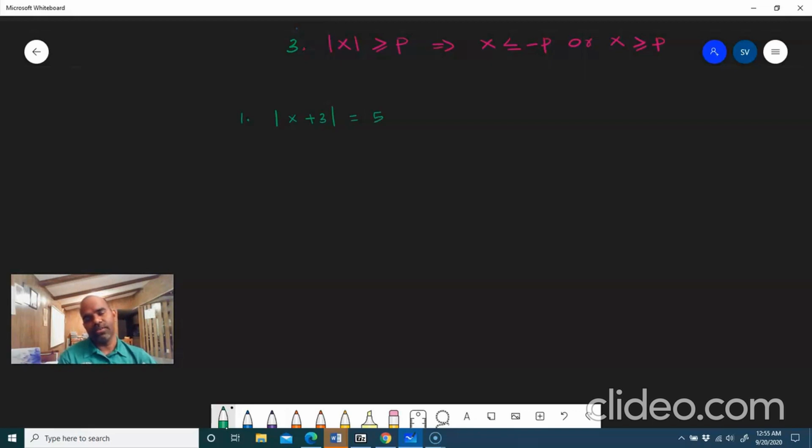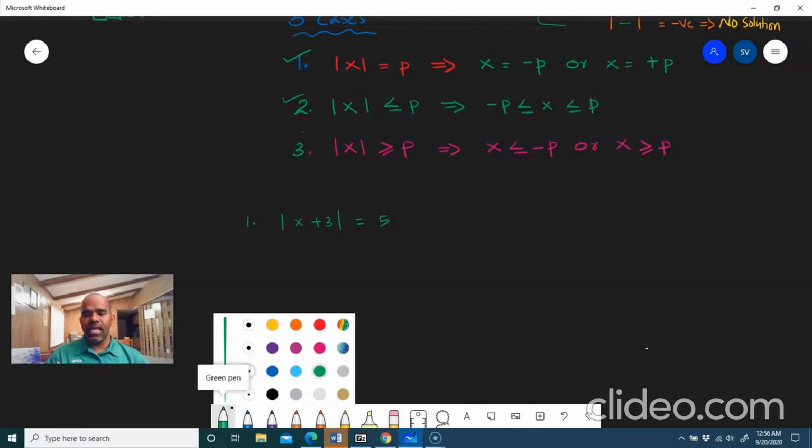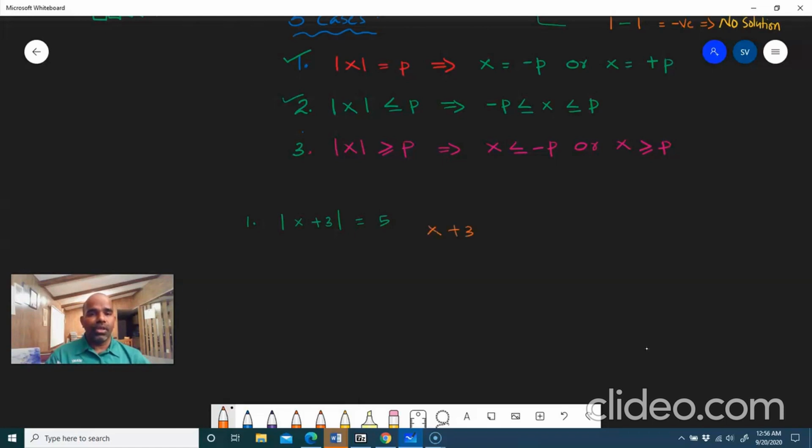You have to go back to the equation. Absolute value of x is equal to p: how will you rewrite it without the absolute value sign? Without the absolute value sign, you write the argument is equal to the negative of the right hand side, or the argument is equal to the positive of the right hand side. So this will be x plus 3 equal to negative 5, or x plus 3 is equal to positive 5.